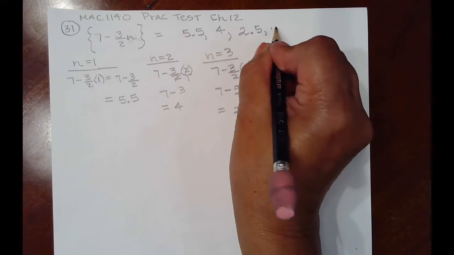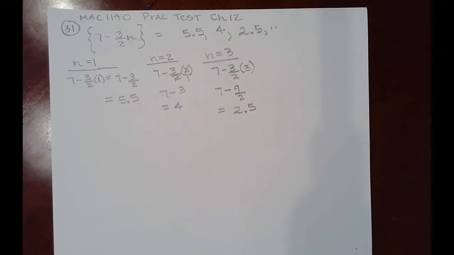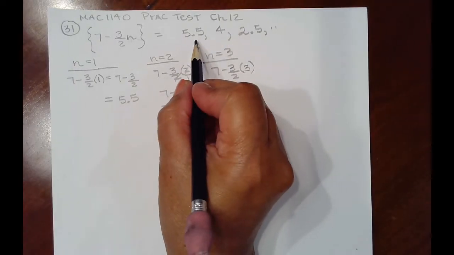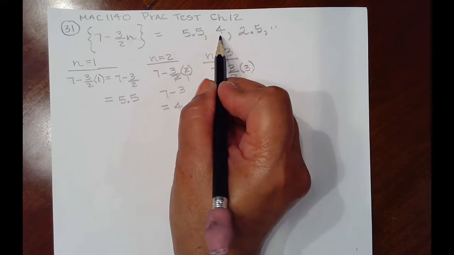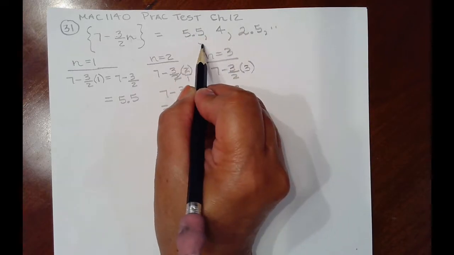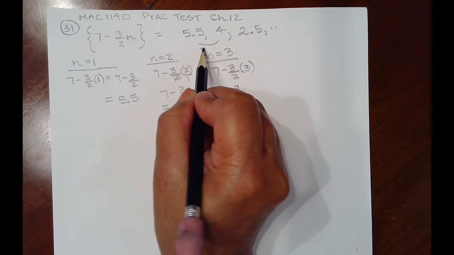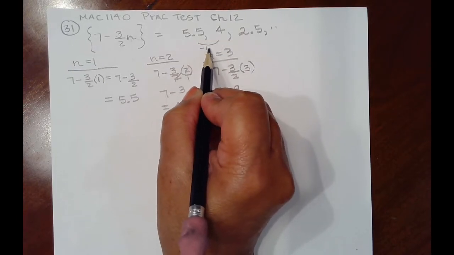And it goes on. So now what you want to answer is whether this is arithmetic or not. If it's arithmetic, you'll have the same difference in between each of these terms. Now to get from 5.5 to 4, you need to subtract 1.5.